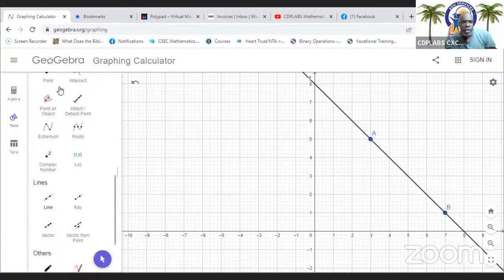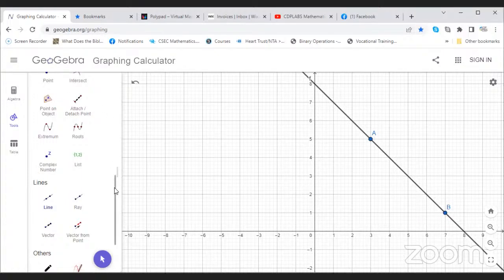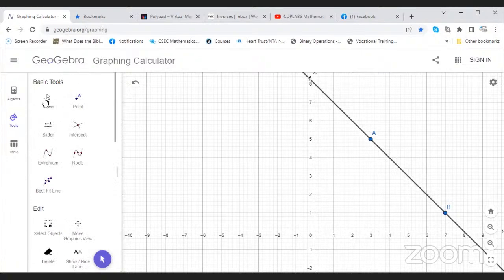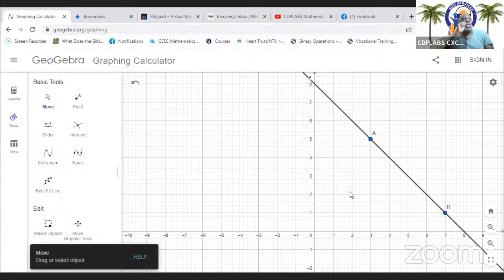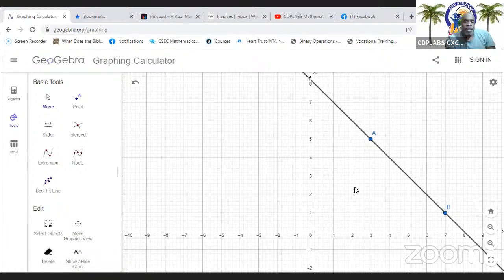So points are connected, right? All right. Now, when they say find the length of AB, it is this length here.